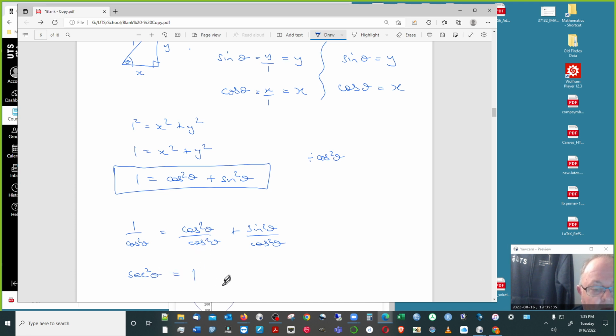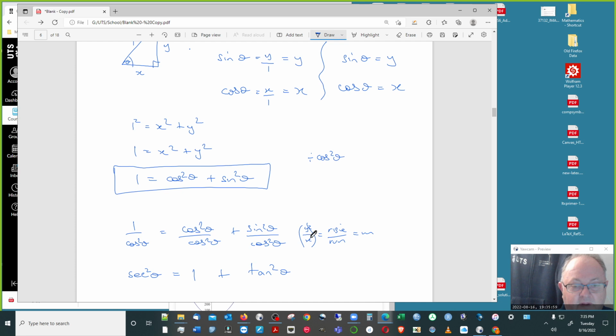Cos over cos is 1. Look at what we're doing. We're manipulating algebra. Sine is y. Y over x is rise over run. Oh, really?